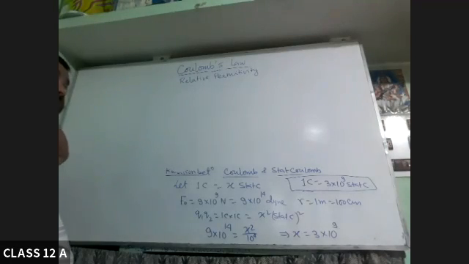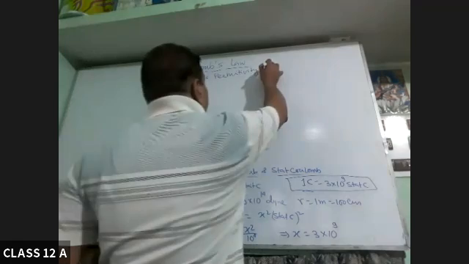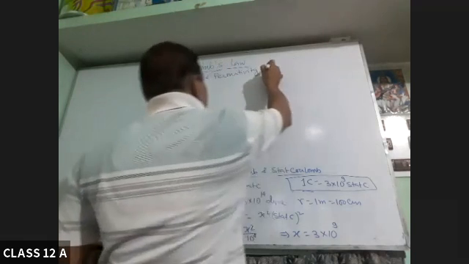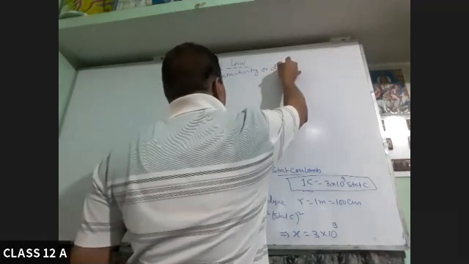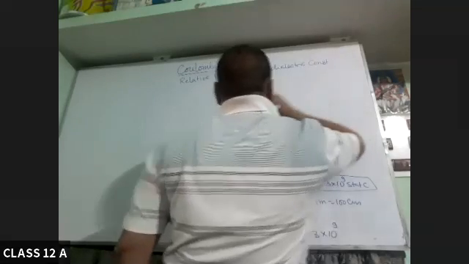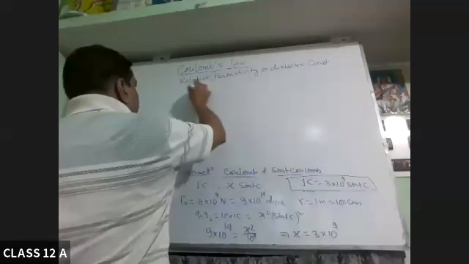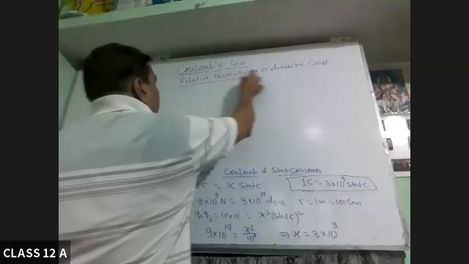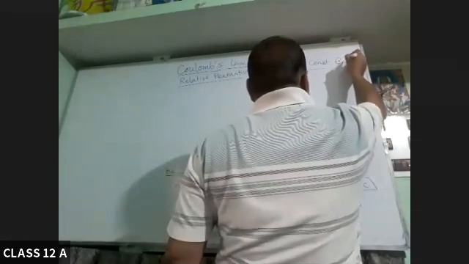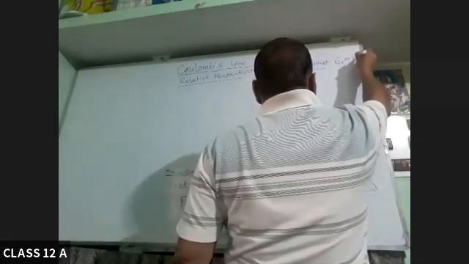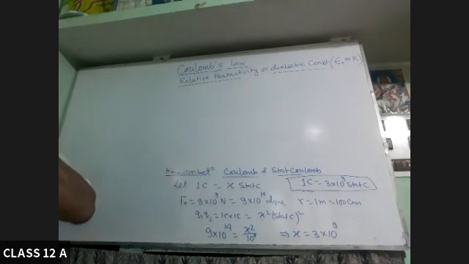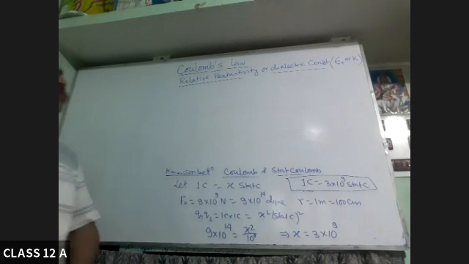Now, the relative permittivity of the medium, or dielectric constant. The symbol we give is epsilon r, or sometimes we say K, the dielectric constant K. That is also okay.